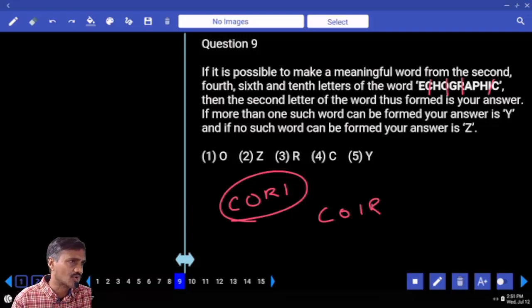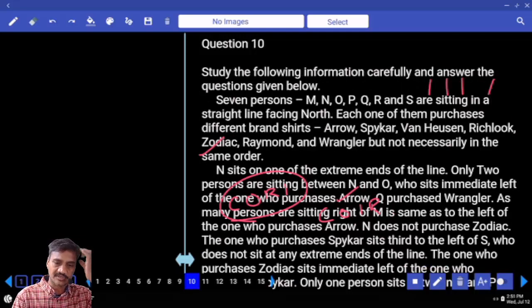Coconut choir, and with that choir these mats will be formed. The mat that people put near their feet in homes is formed with choir. That's what we mean by choir. Now in this word, the second letter is your answer. Second letter O. O, that is the choice for question number 9. The next one, 10 onwards.